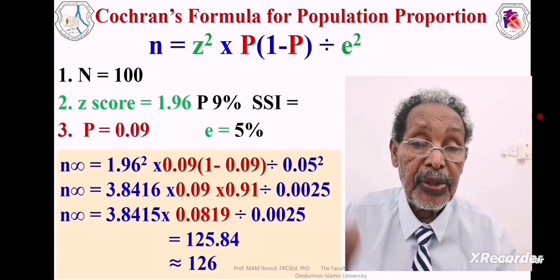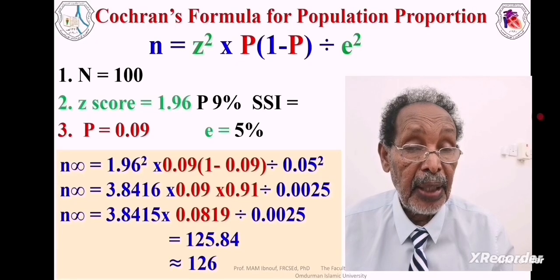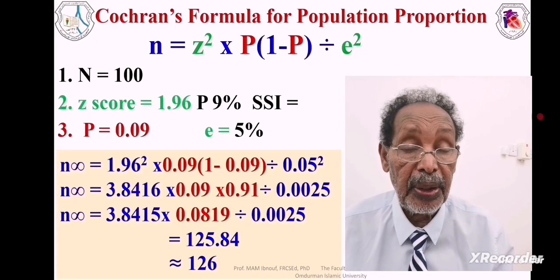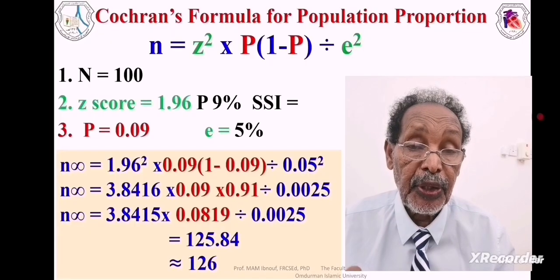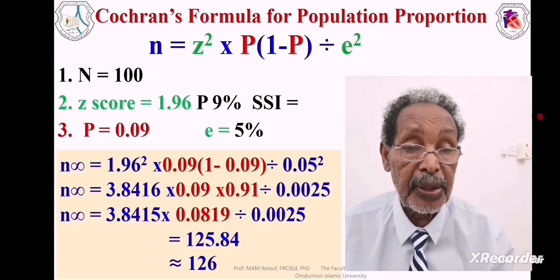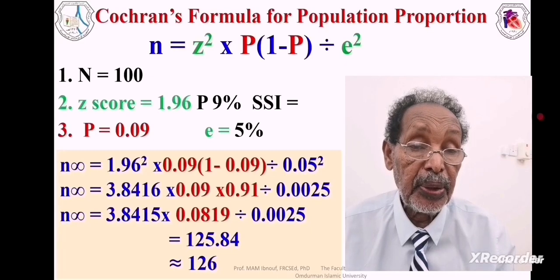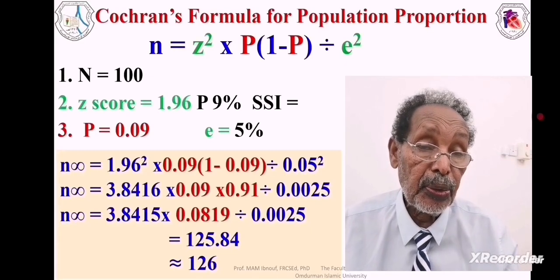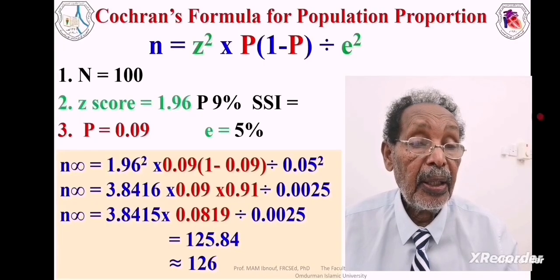Now the z-value 1.96 squared, it is 1.96 multiplied by 1.96 will be 3.8416. We multiply these together and we divide them by the 5% square, which is 0.05 squared.